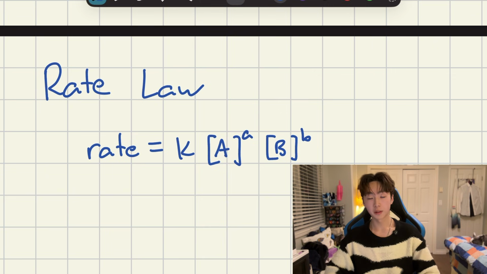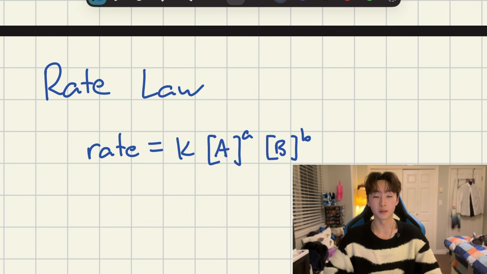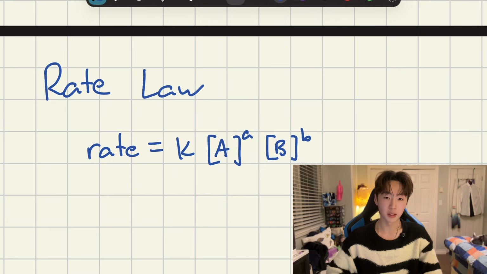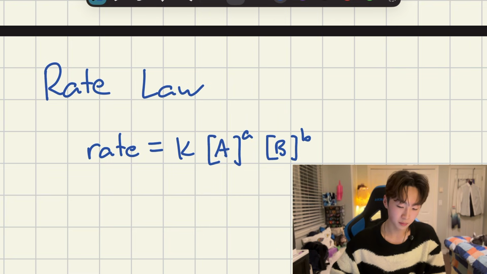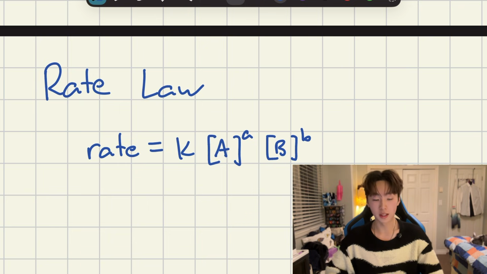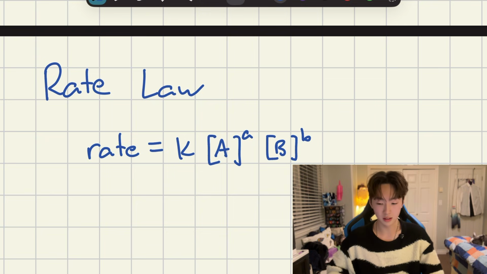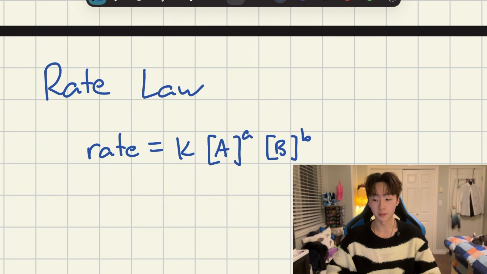All right, now we're going to talk about rate law. So this is a way to calculate the rate of a reaction at different concentrations. But in order to do that, we need to find three things. We've got to find the K, which is the rate constant. And then here in this example, you see A and B in the exponents. That's called the reaction order.